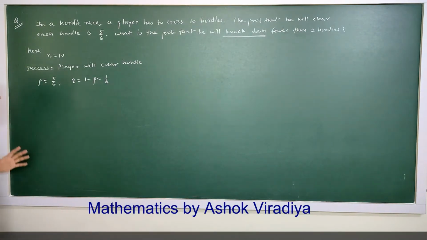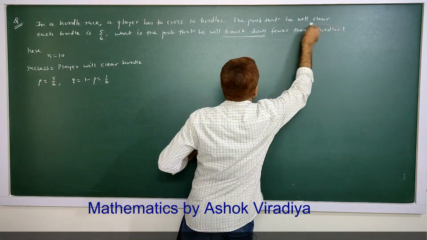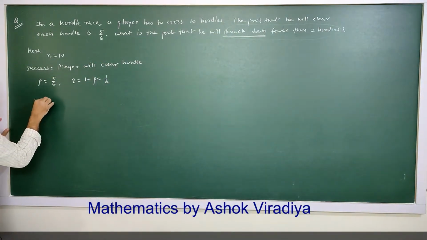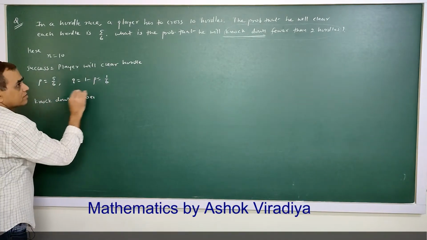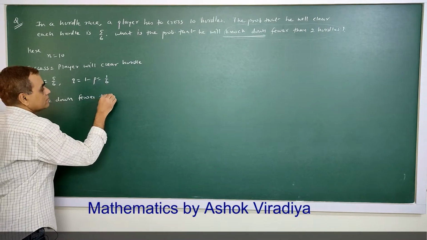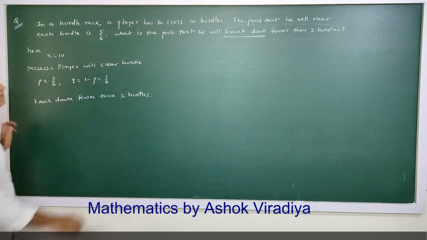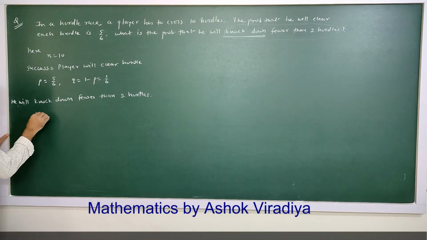Now see, we are asked probability that he will knock down fewer than 2 hurdles. Explaining the meaning of this: he will knock down fewer than 2 hurdles.